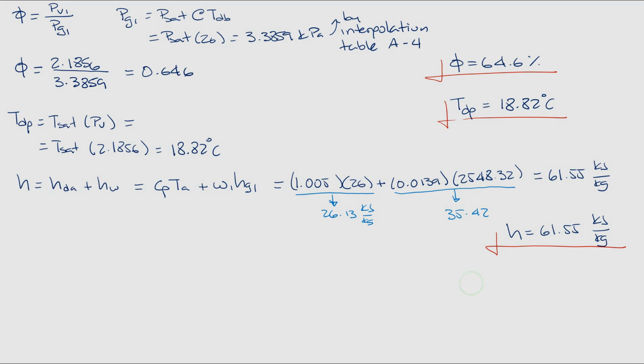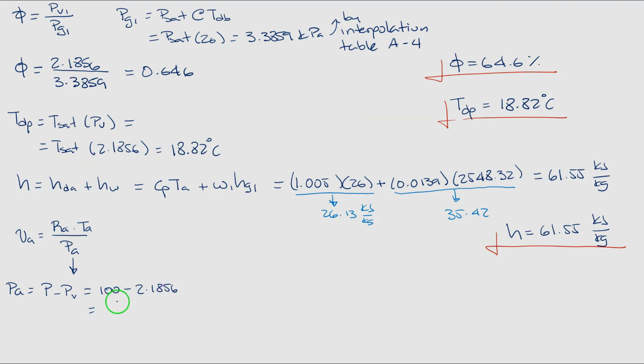For the volume, we're going to use what we learned in gas mixtures, and we remember that the volume of air will be the gas constant of air times the temperature of air in Kelvin divided by the partial pressure of air. The partial pressure of air will be pressure minus vapor pressure, so this will be 100 minus Pv.